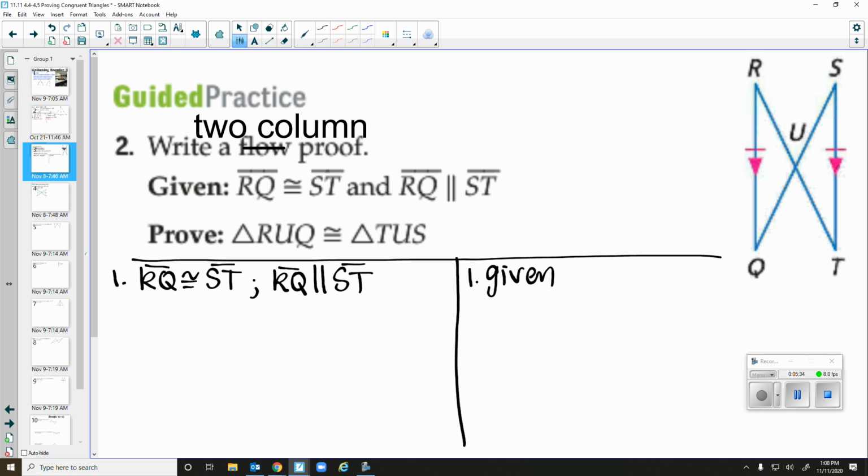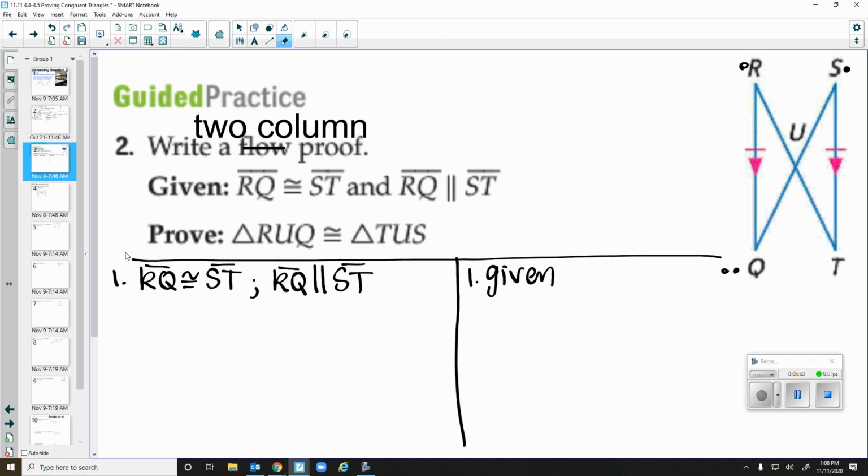Okay, so we know that RQ is congruent to ST. What I like to do with this part, RQ, is put these little dots next to it.